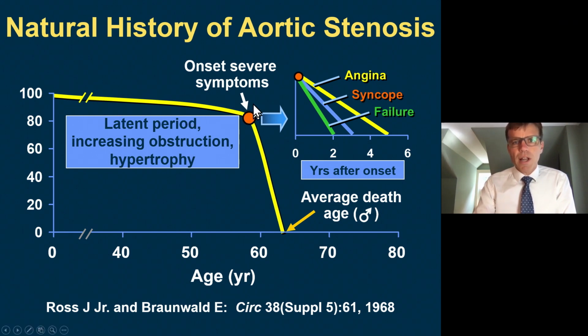But once the patient has severe symptoms, their decline towards death is relatively rapid. And the different kinds of symptoms that we typically think of are heart failure, syncope, and angina, with each one being of different severity in terms of predicting prognosis.